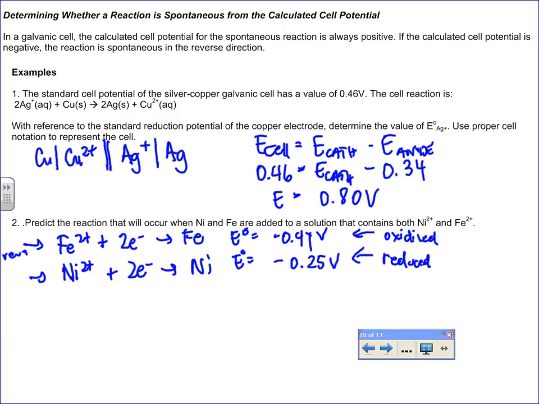So the iron is going to be oxidized. To write the reaction that's going to occur, we're flipping the first reaction and adding it to the second reaction. In this case, I don't need to do anything with the electrons. They're already balanced.